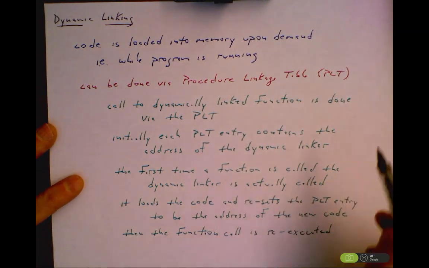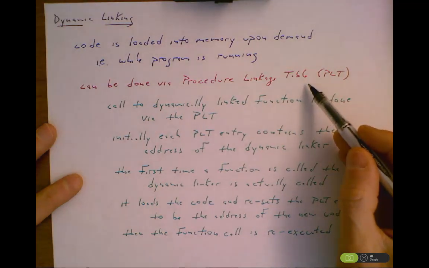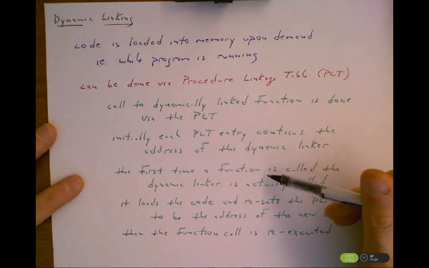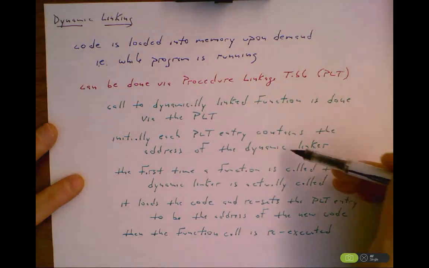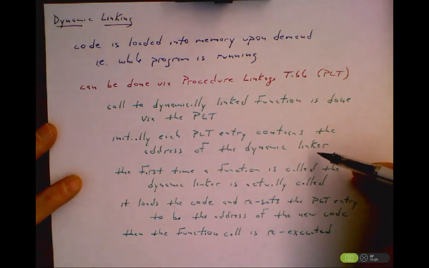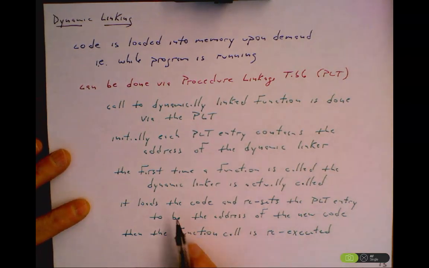You're calling functions indirectly through a table of addresses, and the function looks like an index into the table. But what's in the table initially is the dynamic linker code itself. So the first time you call a function, you don't get the function, you get the dynamic linker. The dynamic linker wakes up and knows its job is to go out, find the actual code, and bring it into memory.